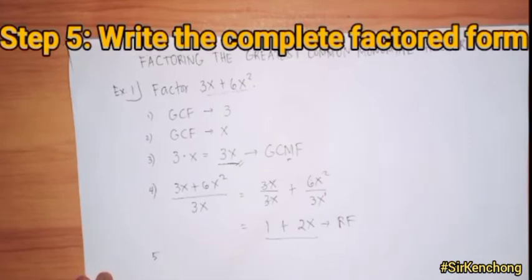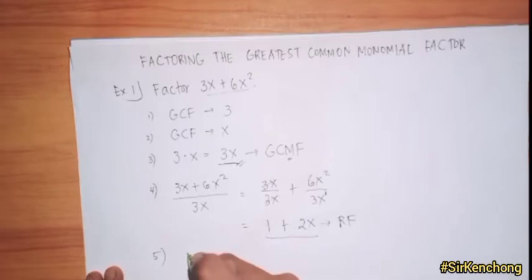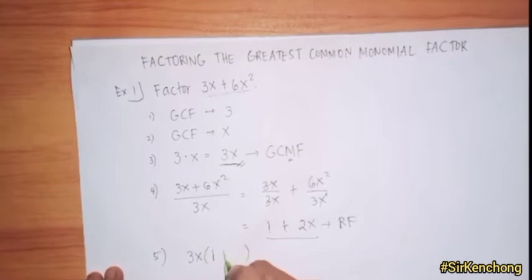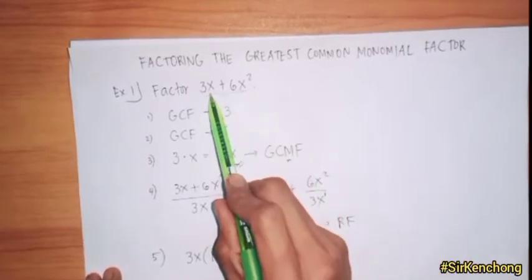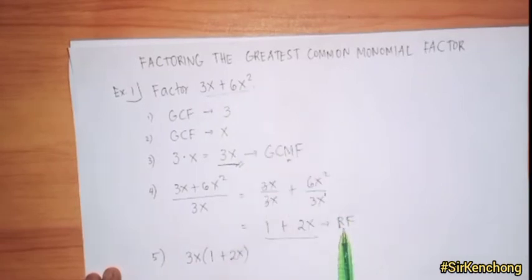Last step is to write the complete factored form. Ayan. So, unahin natin yung GCMF, 3x, times the quantity 1 plus 2x. Kung yung ating original polynomial ay binomial, dapat yung remaining factor din natin ay binomial din. Okay?